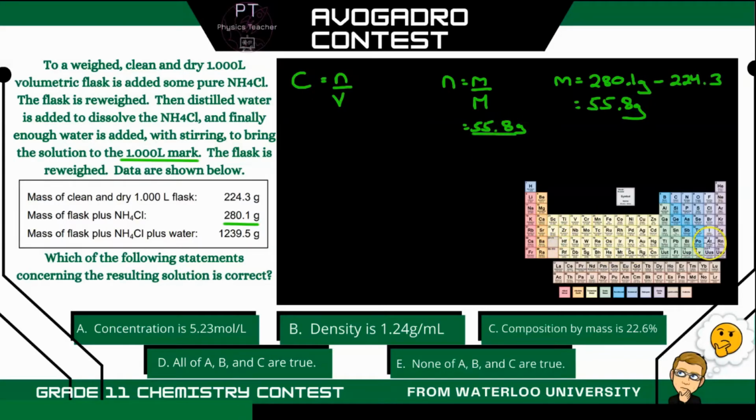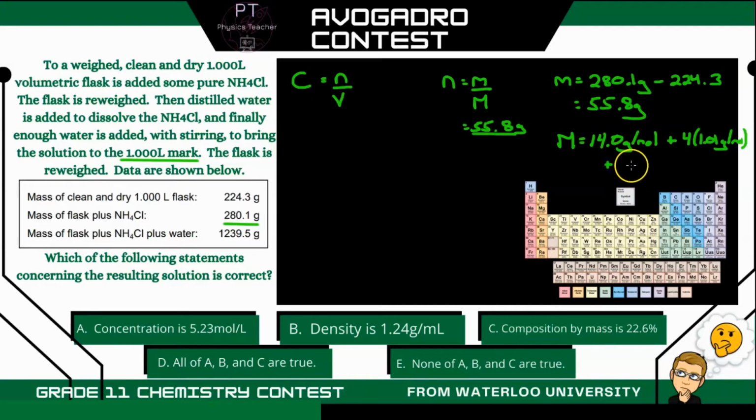And then we have to look up the molar mass for ammonium chloride. So that's 1 nitrogen, which is 14.0 grams per mole, plus we have 4 hydrogen, so 4 times each hydrogen is 1.01 grams per mole.